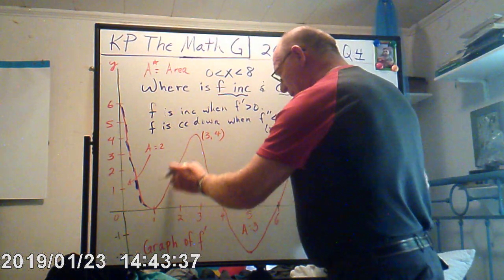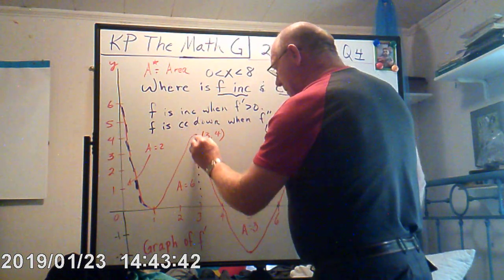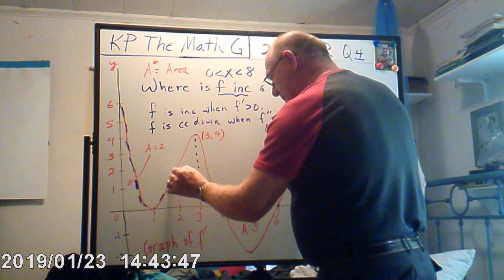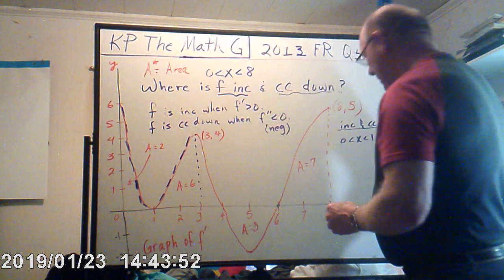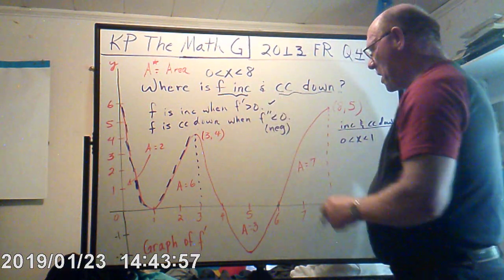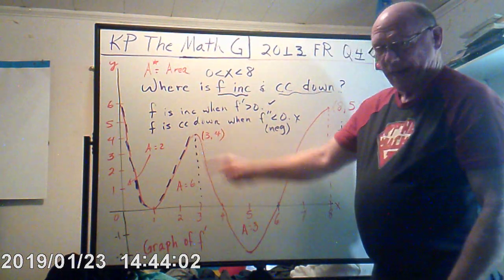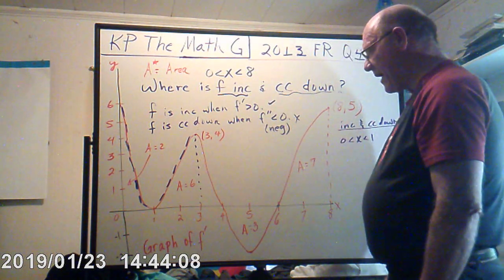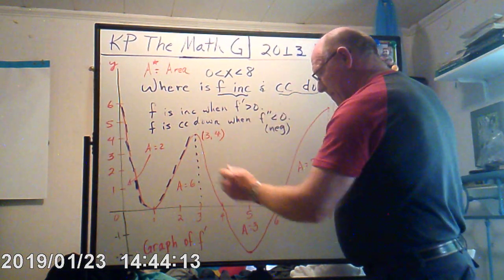Well, from 1 to 4. Actually, let's just look at from 1 to 3. Here's the pinnacle here. From 1 to 3, it is increasing, yes. Concave down, no, because those slopes slant to the right, so that's out from 1 to 3.